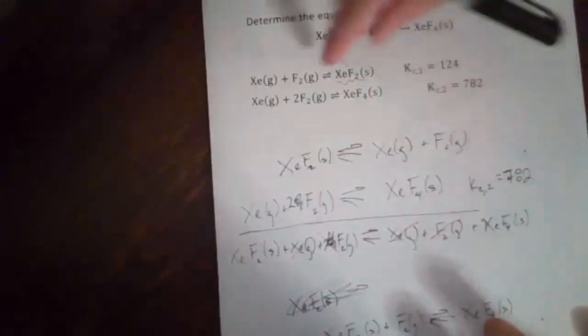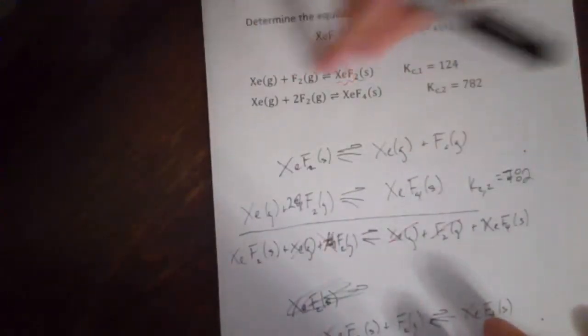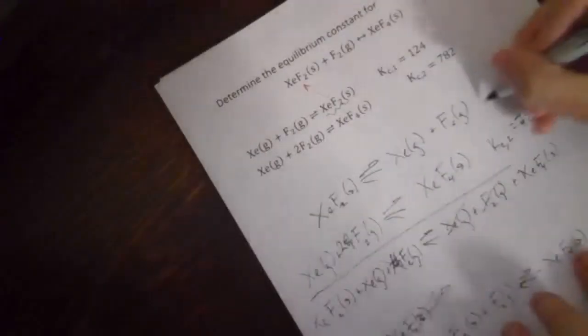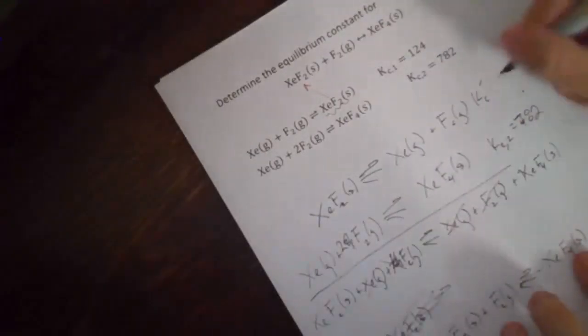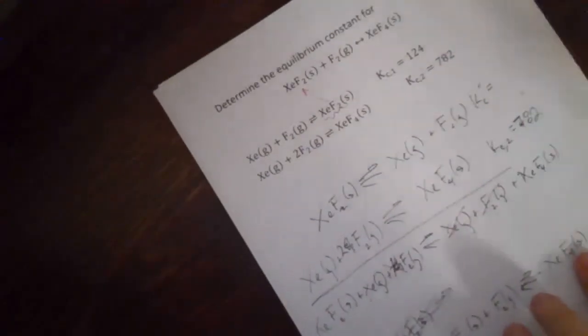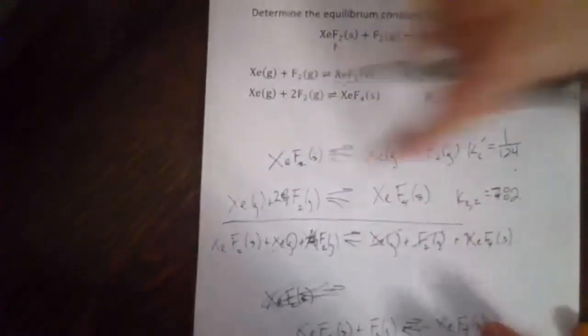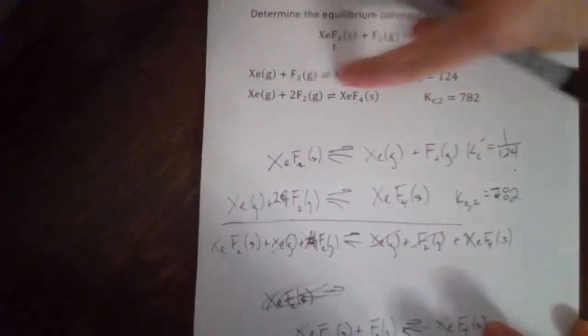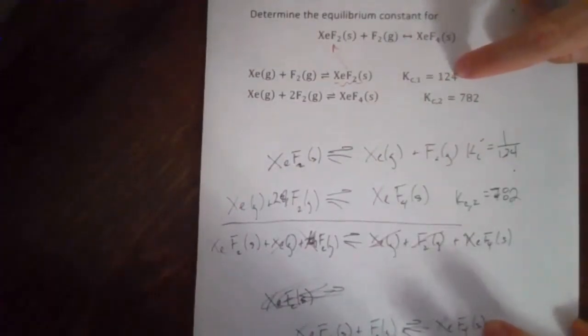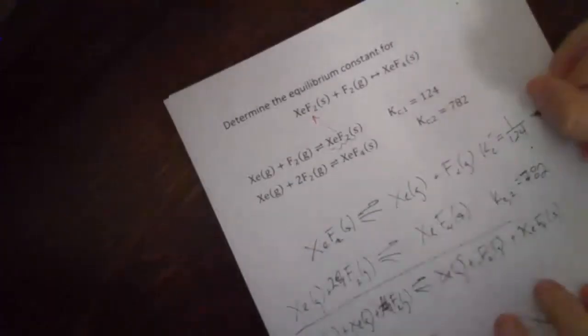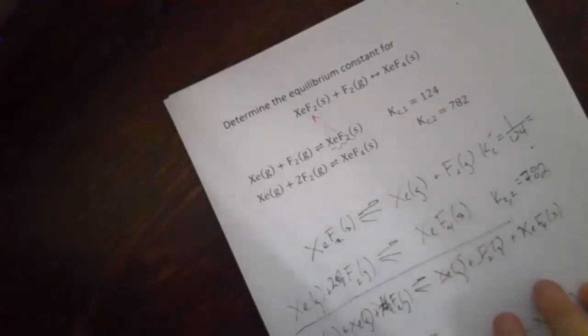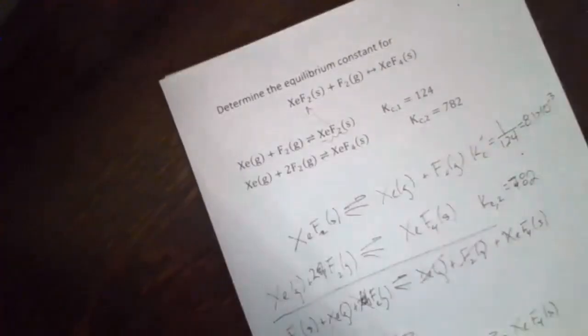This right here is the reverse reaction of this top one. We can call this Kc prime or whatever, it's just a new one. It's 1 over 124 because it's the reverse direction. So this forward direction is slightly product favored, and this reverse reaction needs to be slightly reactant favored: 8.1 times 10 to the negative third.